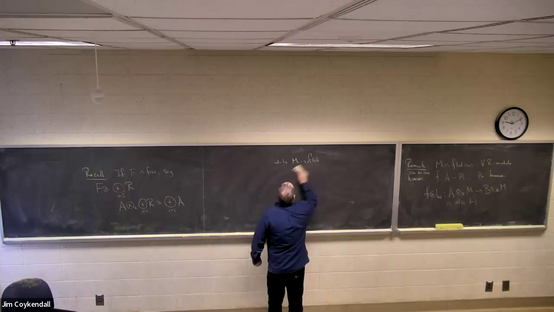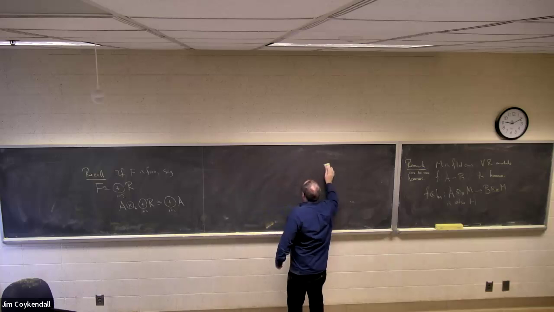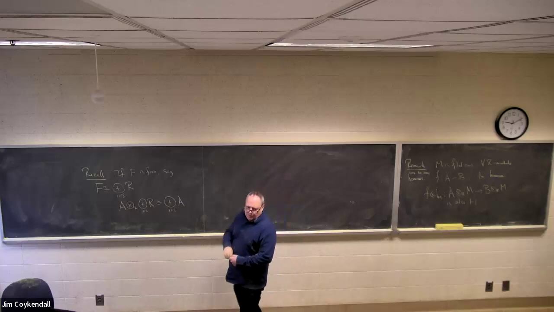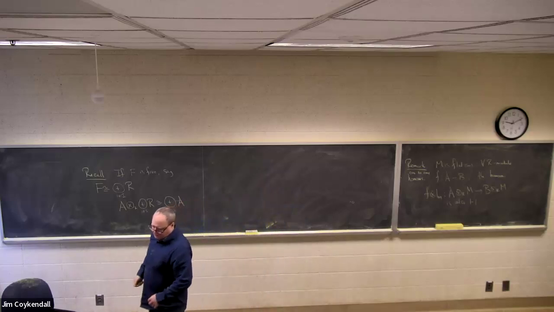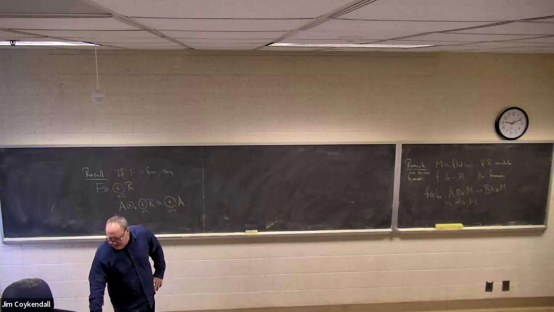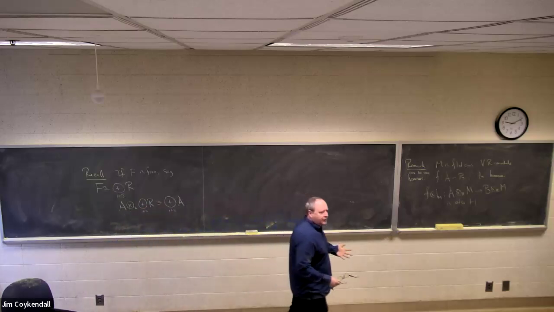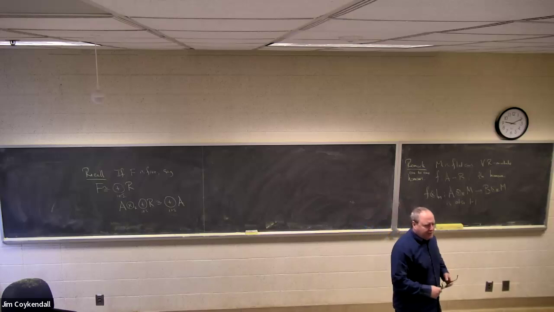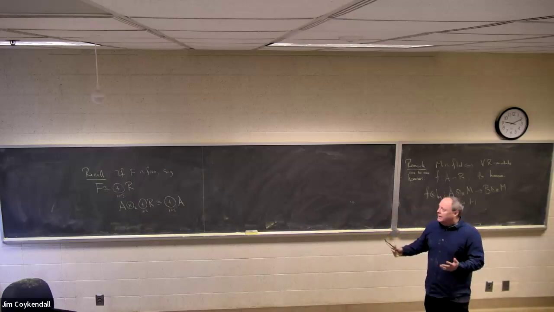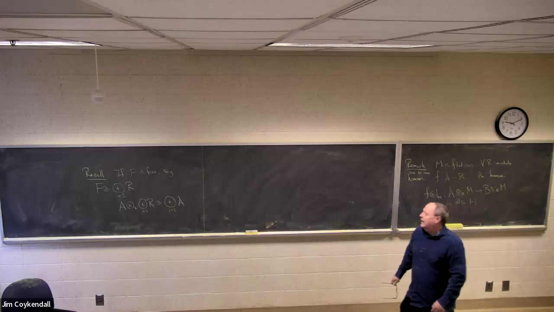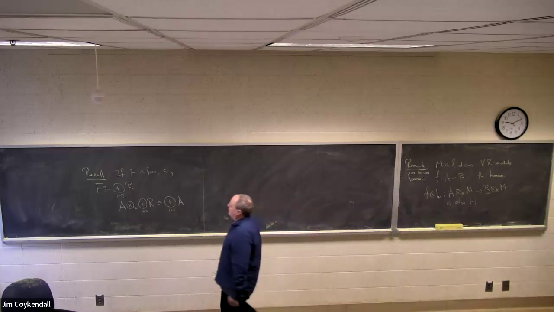And in fact, some people consider flat to be sort of slumming it with free, in a certain sense. It's kind of a nice generalization of free, like projective. One of the big things about free modules is you have a basis, right? That's the big thing. It's got a basis, and essentially that's reflected here.